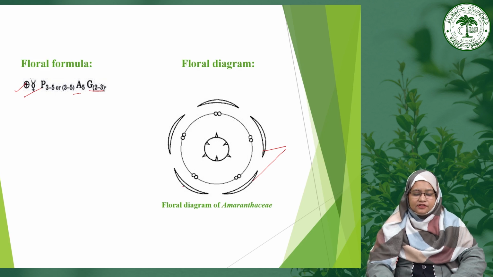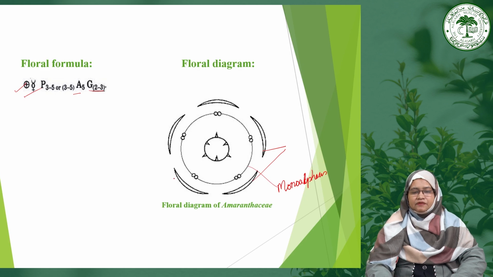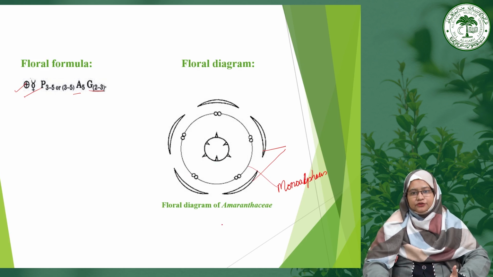Here you can see this is free. Then the androecium number is 5, and sometimes they are connate at the base. And that's why it is called monadelphous. And thus, the gynoecium is made up of bicarpellary, syncarpous, superior ovary, and they have basal placentation, and the fruit is the utricle.